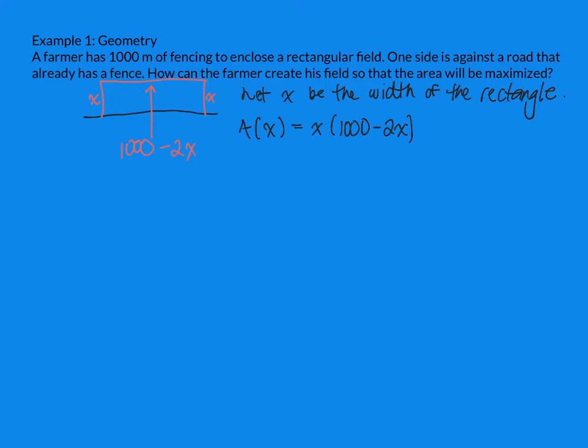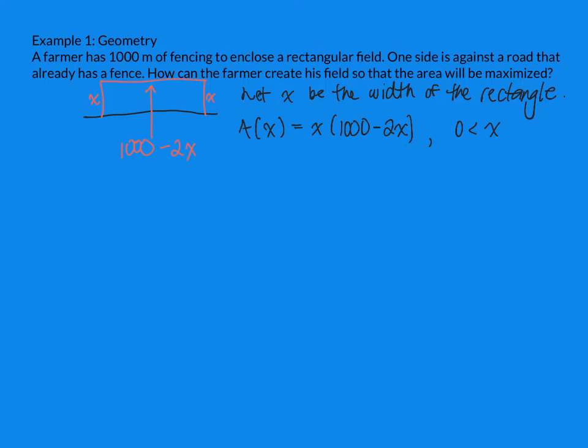But let's take a moment to think at least a little bit about what's going to be reasonable here. Well, we know that our domain can't go below 0 because it won't make sense if our width is 0. It would not be possible to actually form a rectangle with no width. And the same would be true if the length was 0.